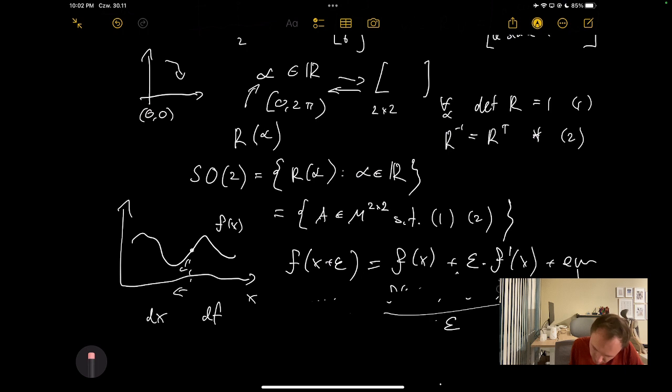So let's say that maybe we need to optimize some function f, and now this f is a function of rotation. What you will notice is that it's pretty hard to choose a definition of this rotation in such a way that this formula makes mathematical sense.